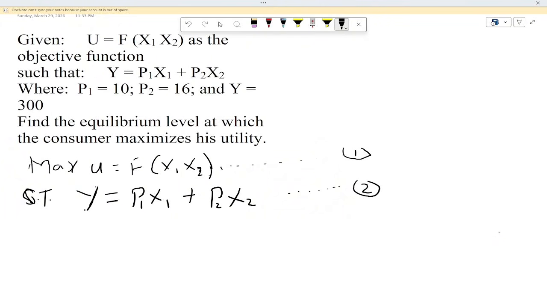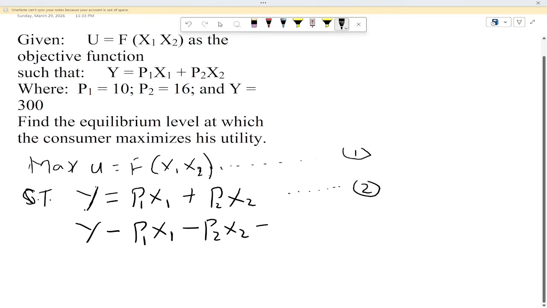This equation number 2 can be rewritten as follows: y minus p1 x1 minus p2 x2 equal to 0, as equation 3.